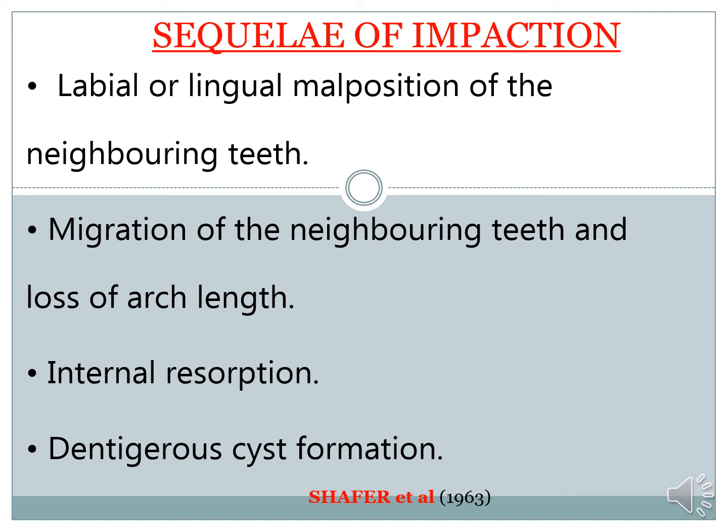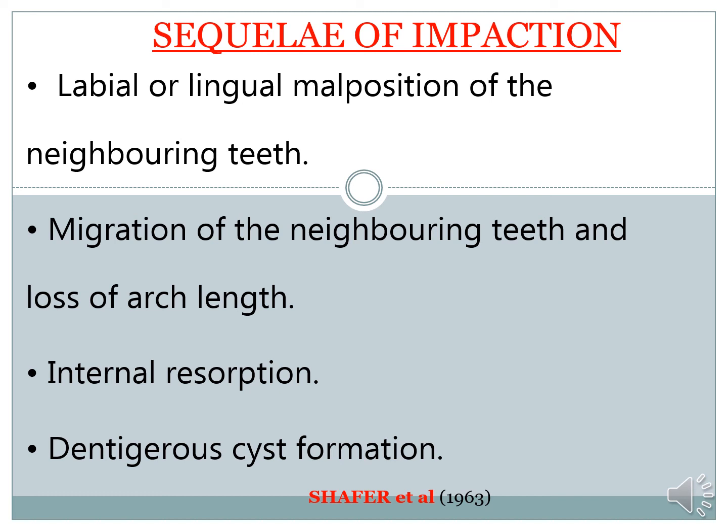If this impacted canine is not removed, what is the sequelae of being not removed? There can be a labial or lingual malposition of the neighboring teeth. There can be migration of the neighboring teeth and loss of arch length. There can be internal resorption.